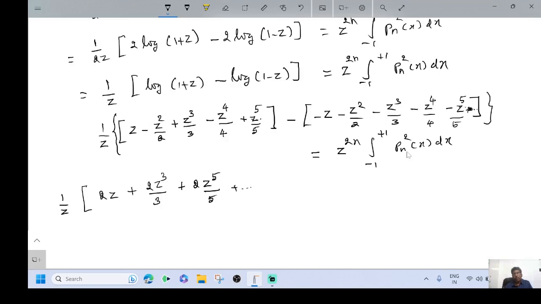We may put z power 2n into the integral from minus 1 to plus 1 of Pn square of x into dx. Now take these two outside. 2 divided by z: we have taken out just two outside.